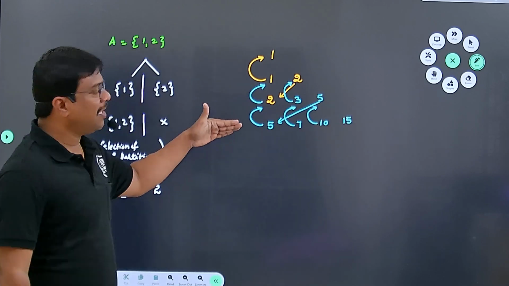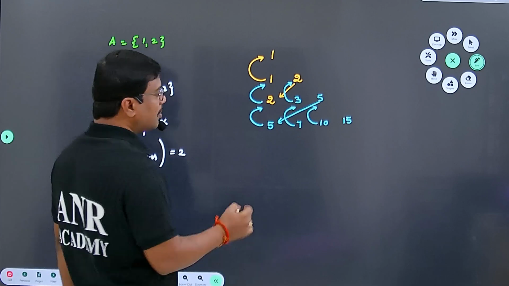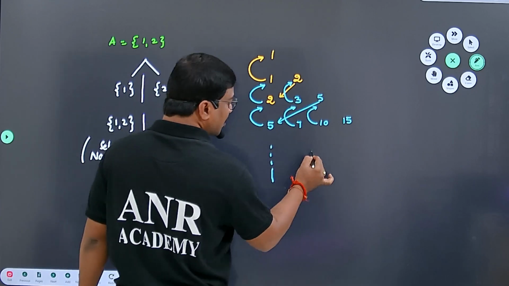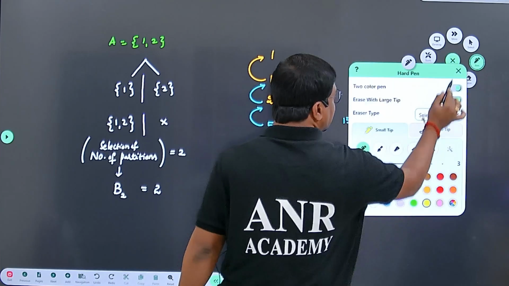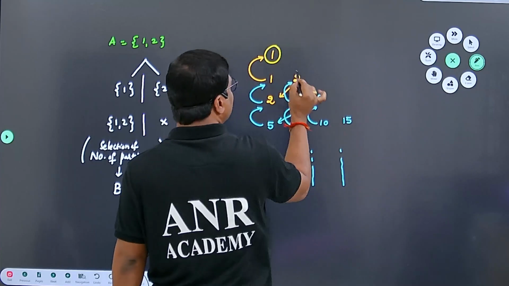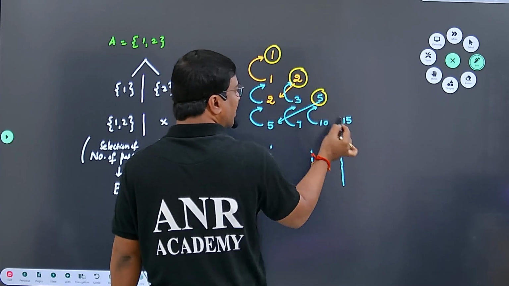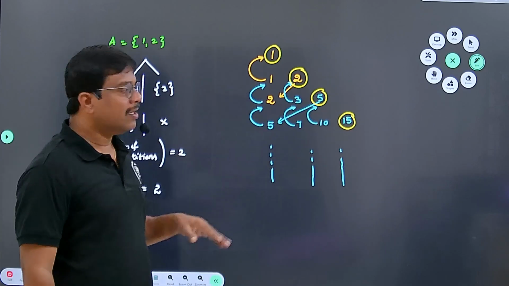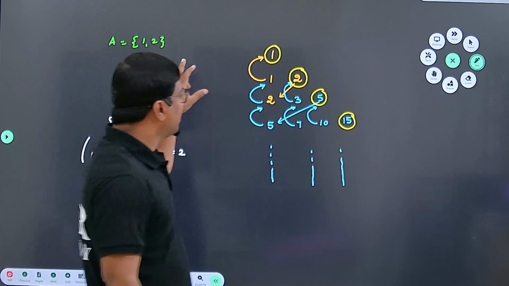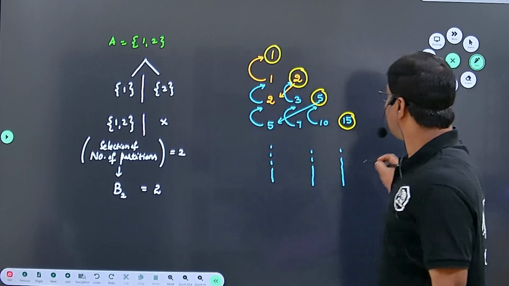In the same way, you have to continue. You will get Bell numbers, and here the Bell numbers are 1, 2, 5, 15. You can continue in this way. Why do we call these numbers Bell numbers? Let us see.